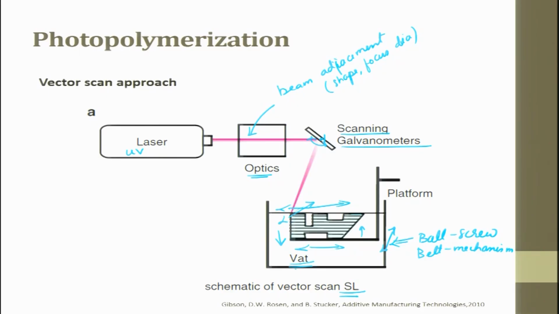That vat is nothing but a container where the liquid polymer is held. This is a table on which the table sinks and new layers are formed. There is also a doctor's blade which is kept here. It is called a doctor blade. Okay. So, this makes sure that the layer thickness is uniformly maintained along the surface, because in a liquid you will always have wrinkles, or wave patterns.